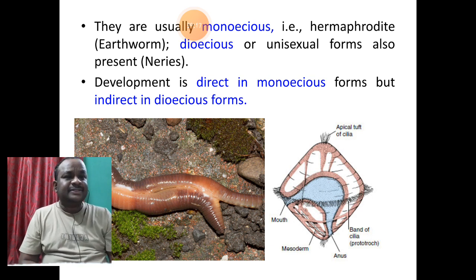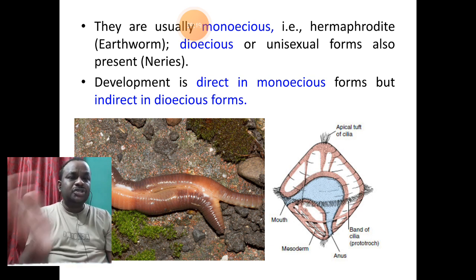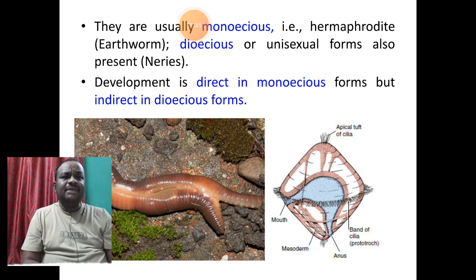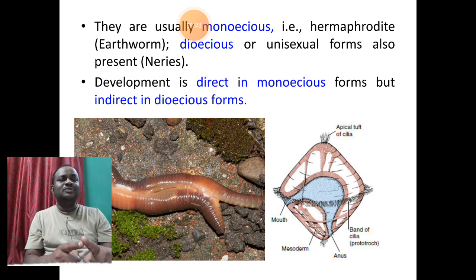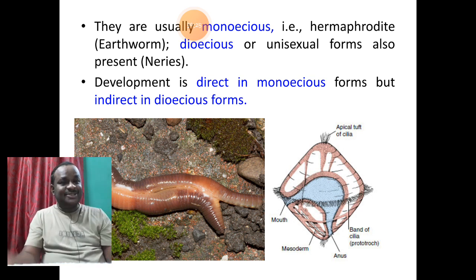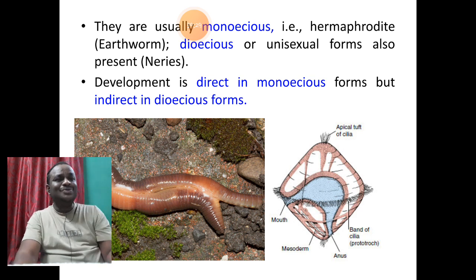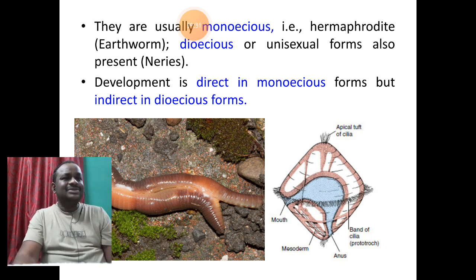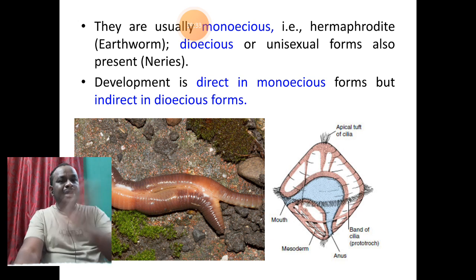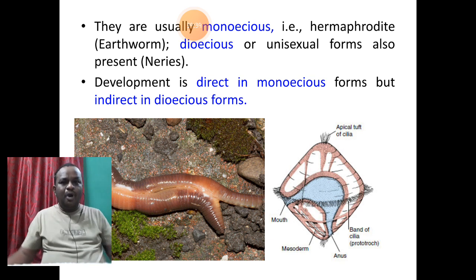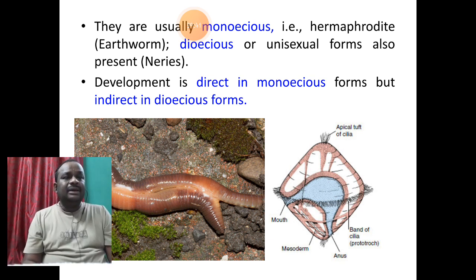An example is your Nereis. Down in the picture towards the left side are two earthworms exchanging their male gametes, which you call pseudocopulation. This is with reference to hermaphrodites. Whereas in the case of Nereis, males and females swarm into the water during the sexual phase and maturation.